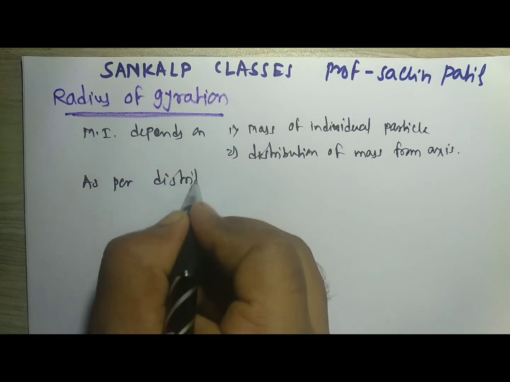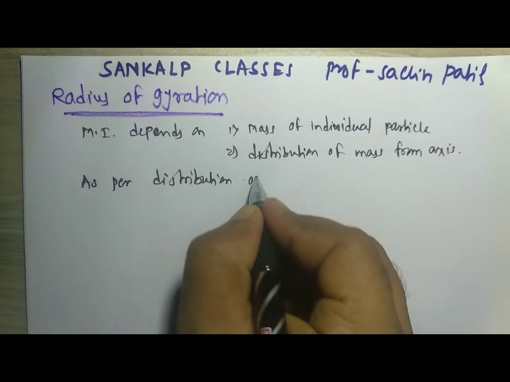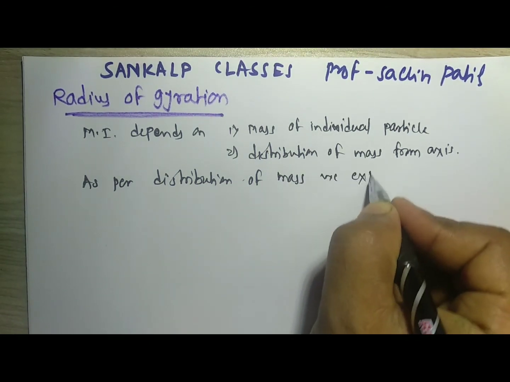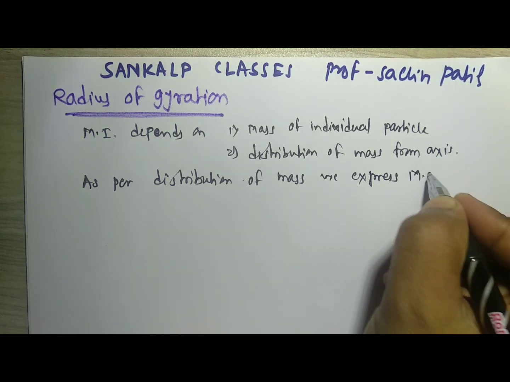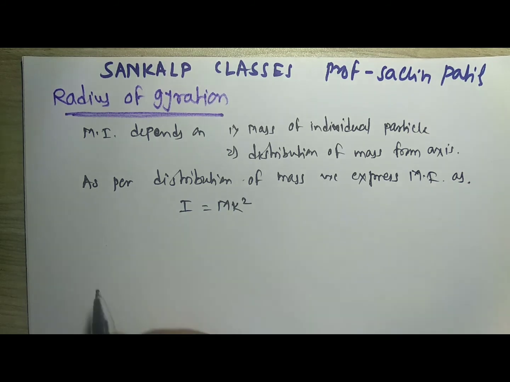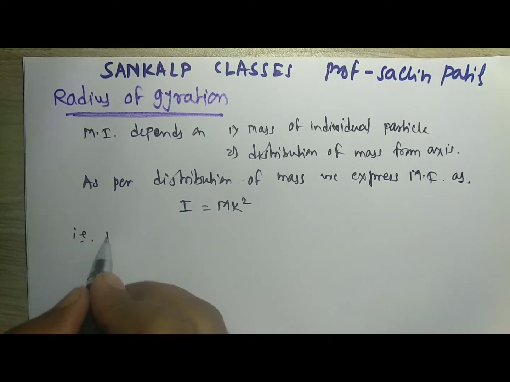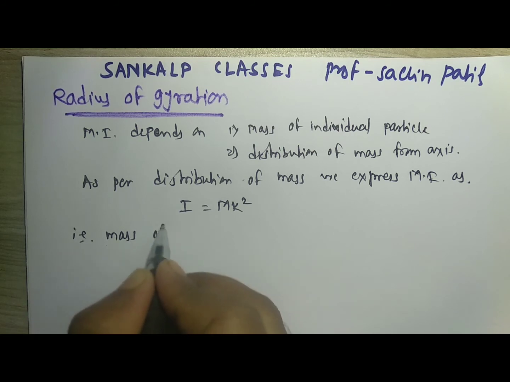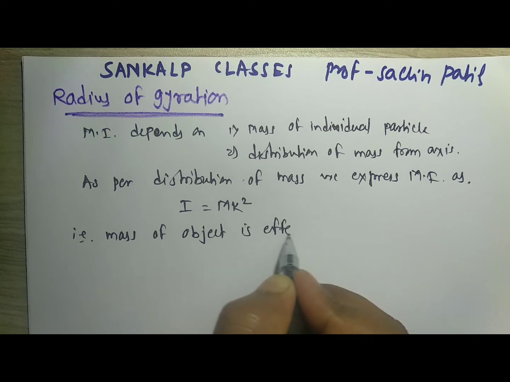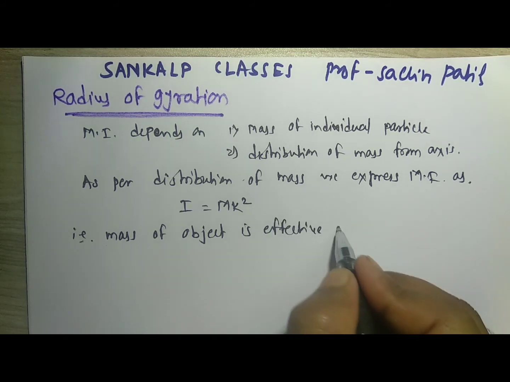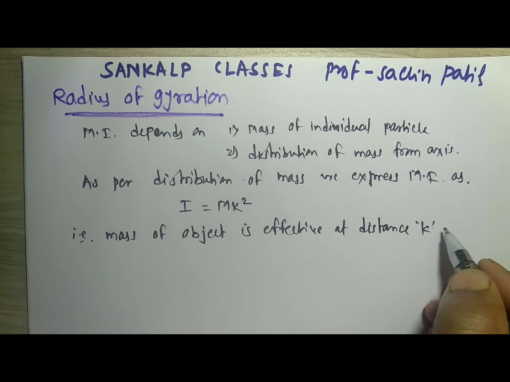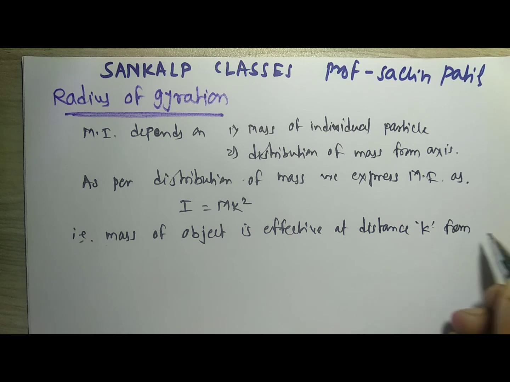As per the distribution of mass, we express the moment of inertia as I is equal to m k square, where the mass of the object is effective at a distance k from the axis.